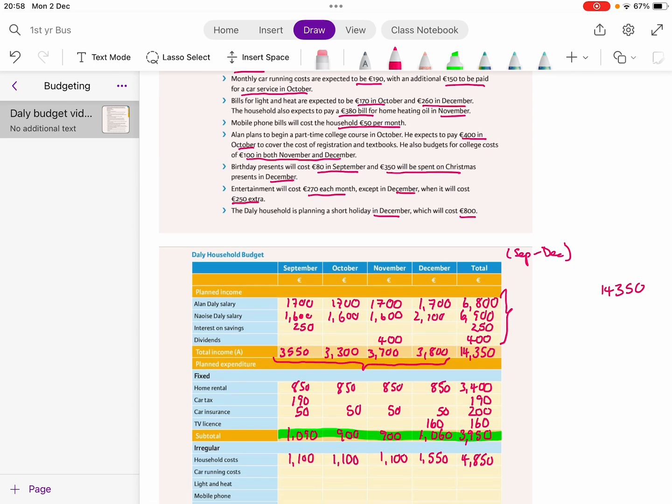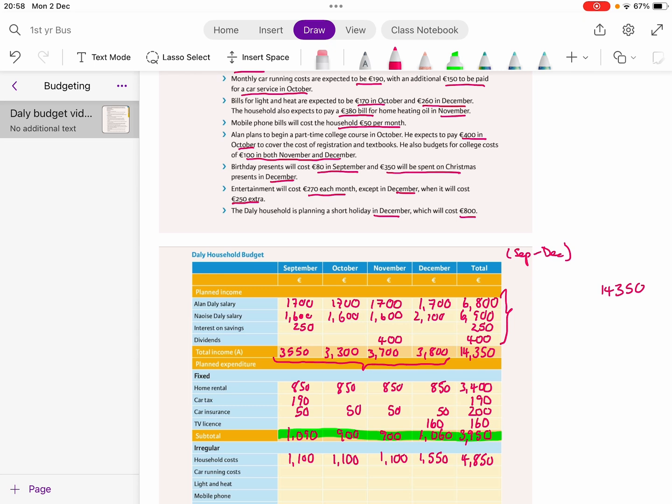My monthly car running costs are expected to be 190. So that means every month I'm going to spend 190, and then there's going to be 150 extra in October.